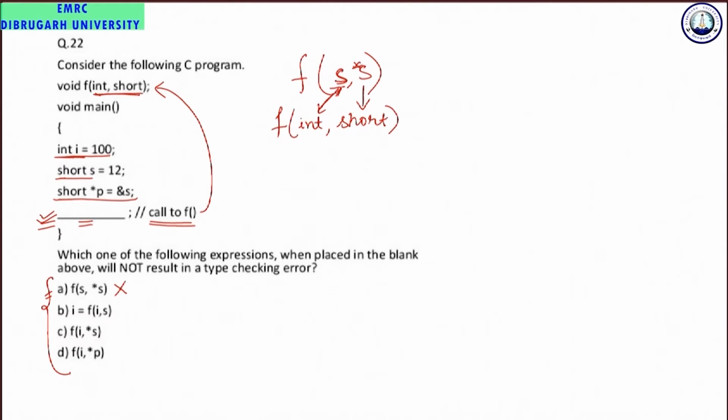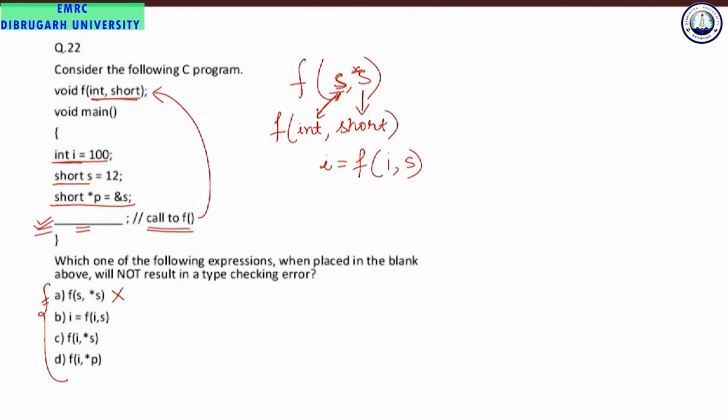Then coming to the next, B, i is equal to f of i comma s. Here we can see that it doesn't give any return type. The return type is void here, so this is also not applicable.